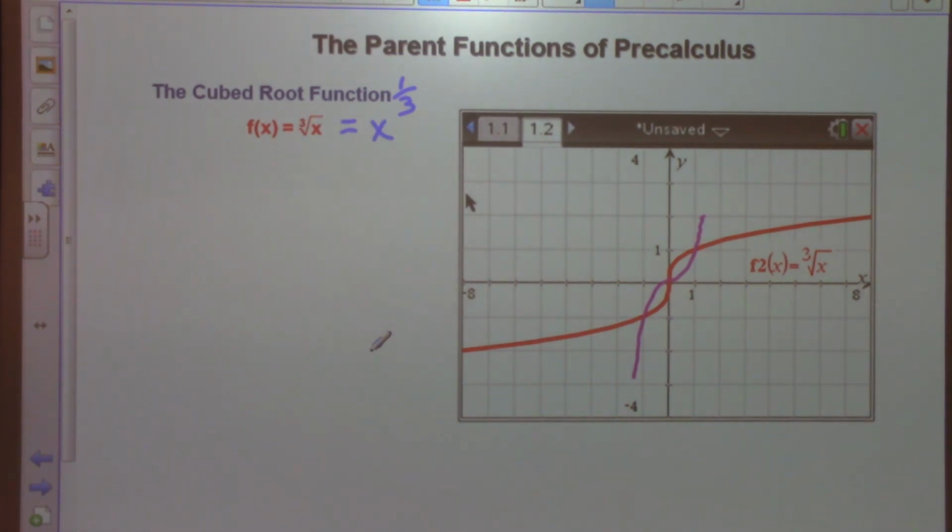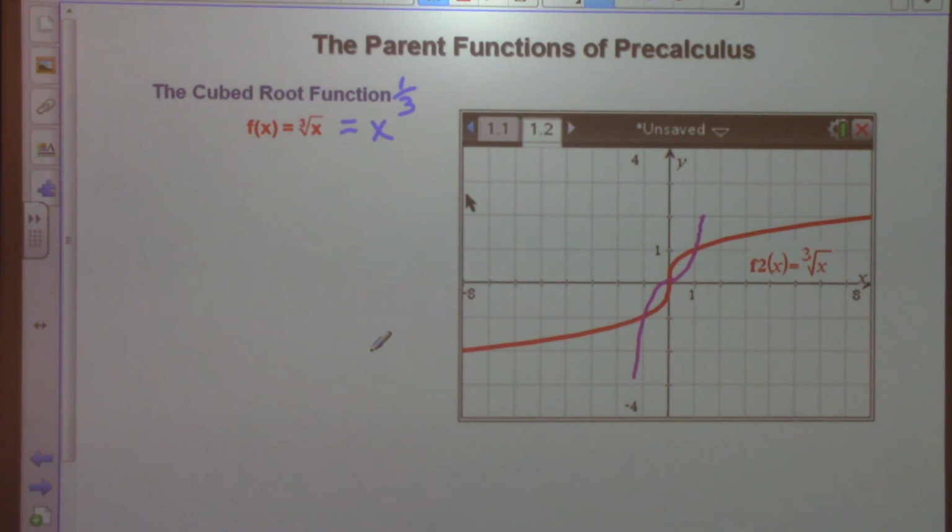Questions on these? You just want us to write the letters underneath them?